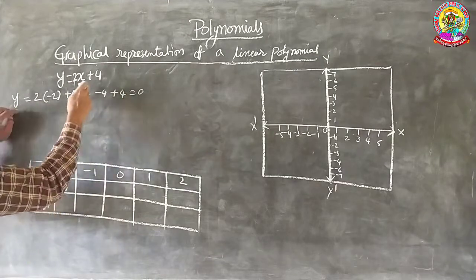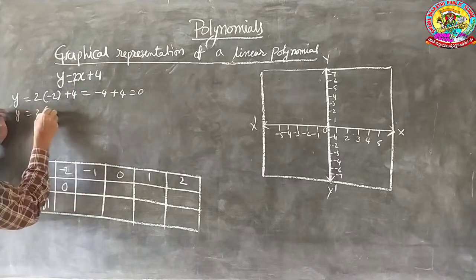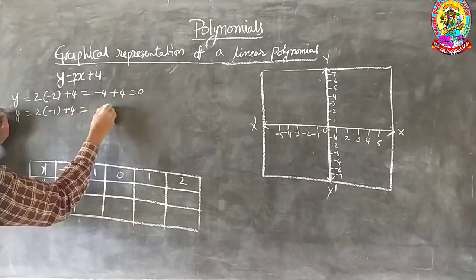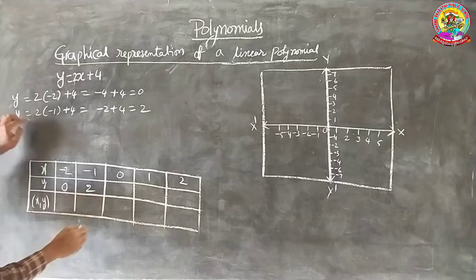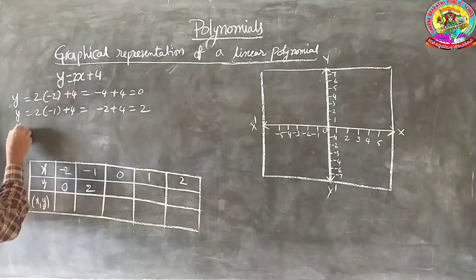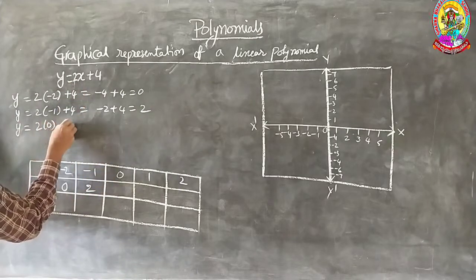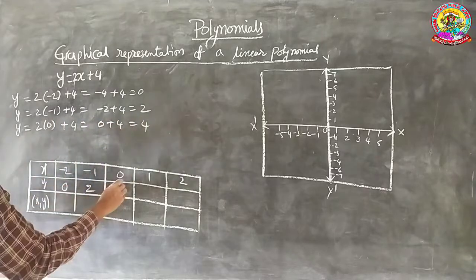Now next, if you insert minus 1 in the place of x, y is equal to 2 into minus 1 plus 4, which is minus 2 plus 4 is equal to 2. If you insert 0 in the place of x, y is equal to 2 into 0 plus 4 is equal to 0 plus 4 is equal to 4.